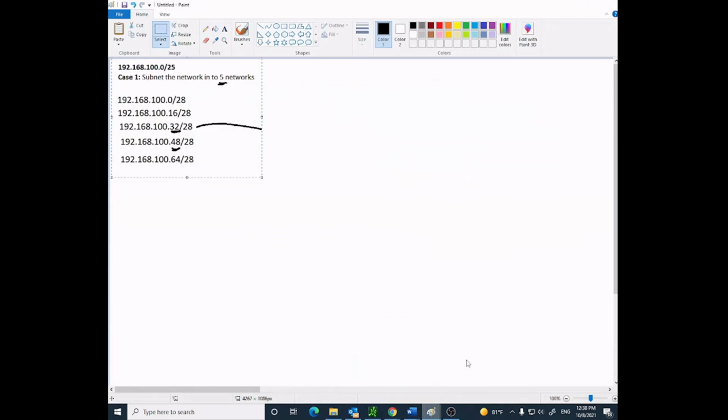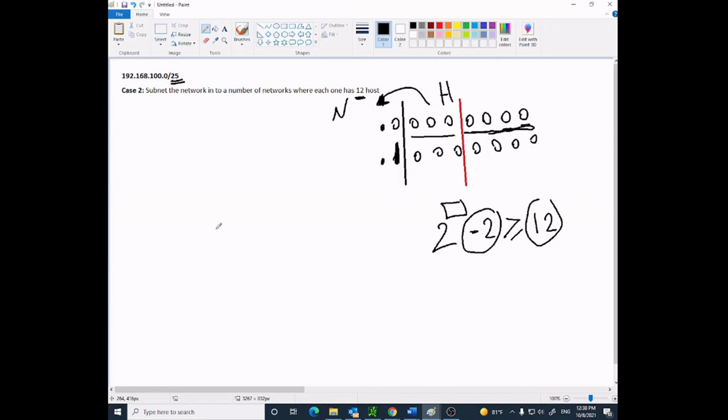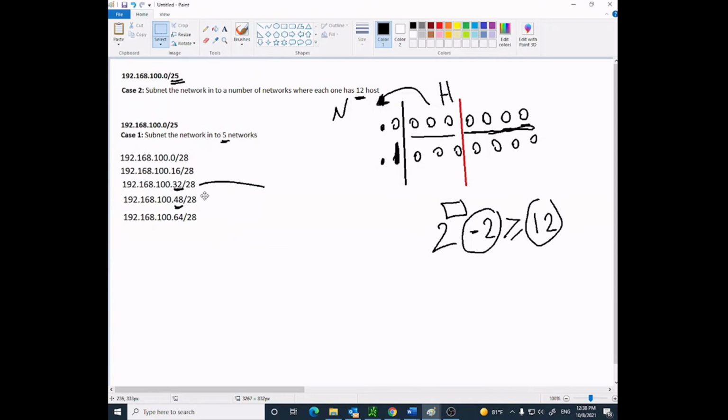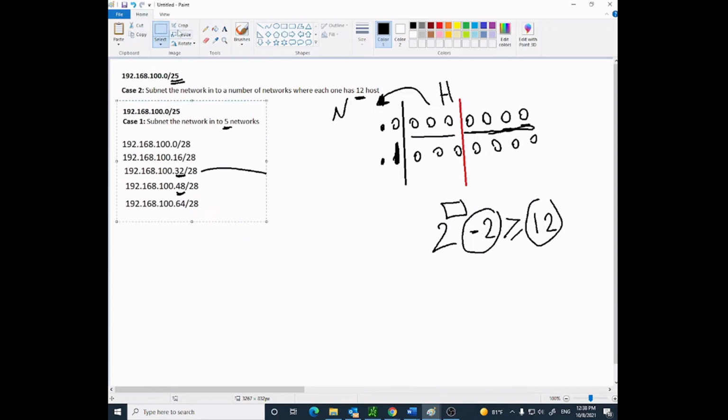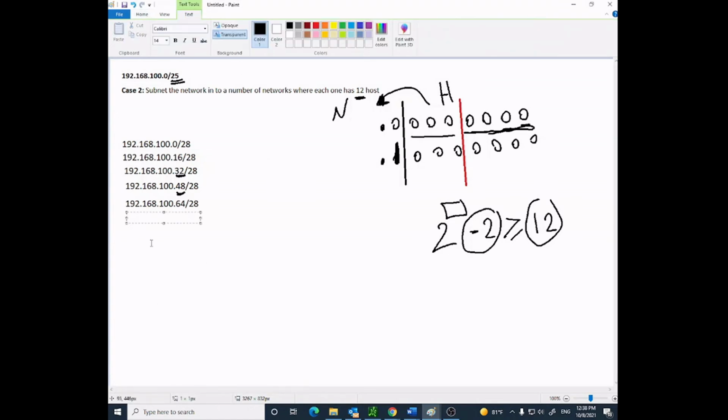Let me go back here, copy that, and let me come here and put it here. Now let me just take this part away, delete that, and delete that. What you need to know here is that you will still have 3 more networks to go in this area here.